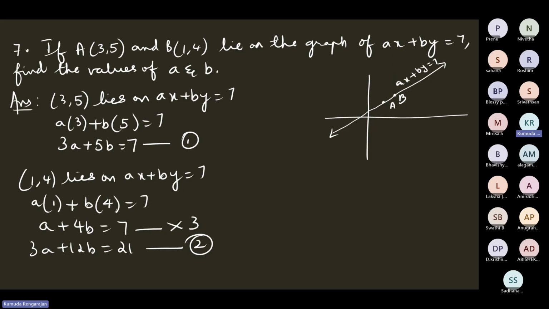So you multiply the second equation by 3 so that it becomes 3a plus 12b is equal to 21. So 3a in the first equation, 3a in the second equation. You can also multiply by minus 3, children. You can multiply by 3 or minus 3. Now write the equations one below the other.